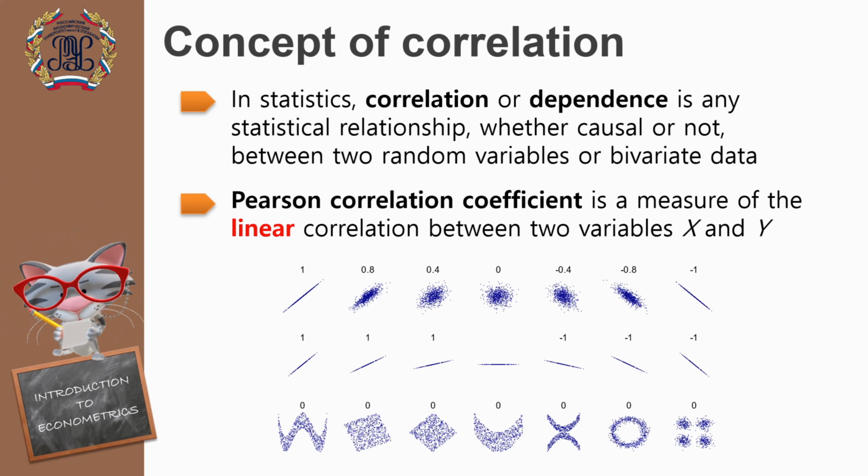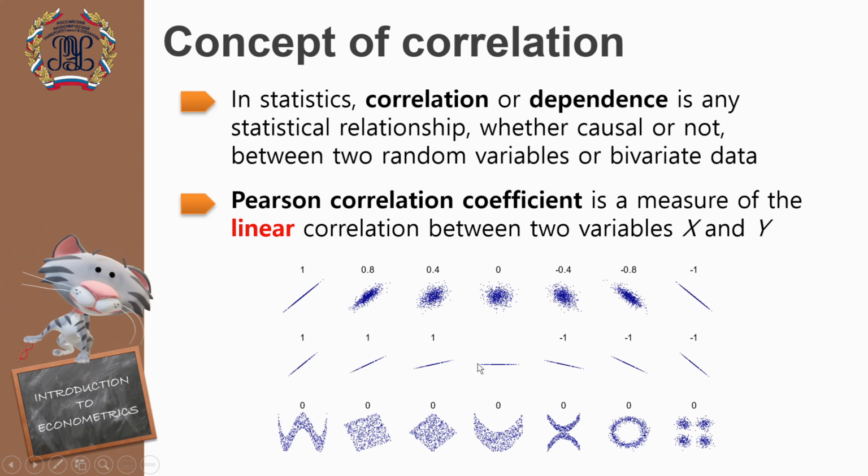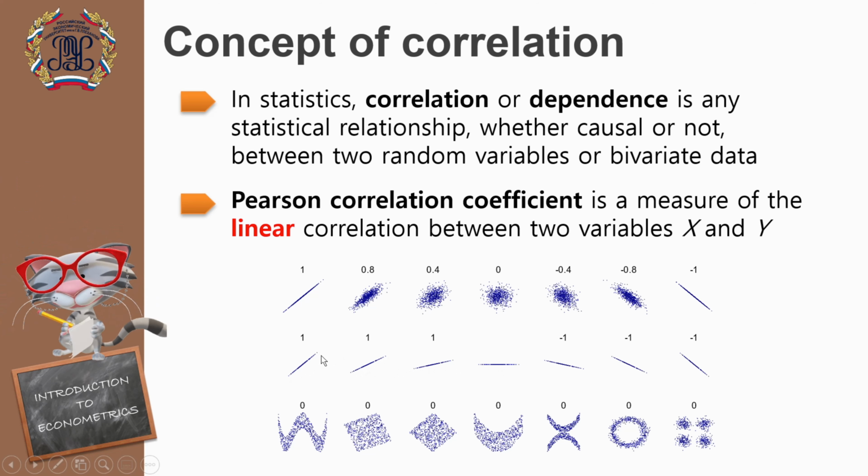Pearson correlation coefficient is a measure of linear correlation between two variables. What is also very important to remember: if you take a look at the graphs below, you see that the linear connection is clearly marked with the corresponding Pearson correlation coefficient. If the connection is linear, doesn't matter what the slope is, the correlation is 1 or -1.